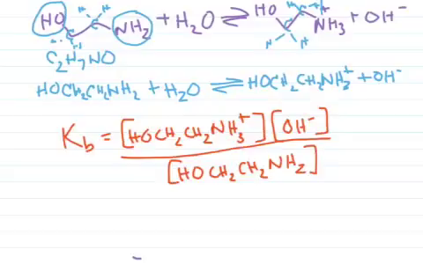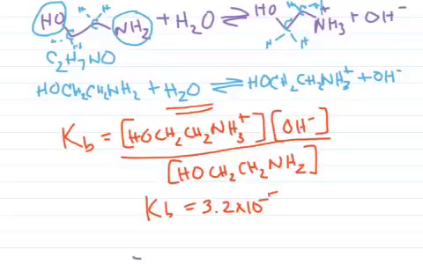Remember, we do not add the water because it is a pure liquid. And if you were curious, we get a Kb of 3.2 times 10 to the minus fifth. So because it's less than 10 to the third, this means it's a weak base.